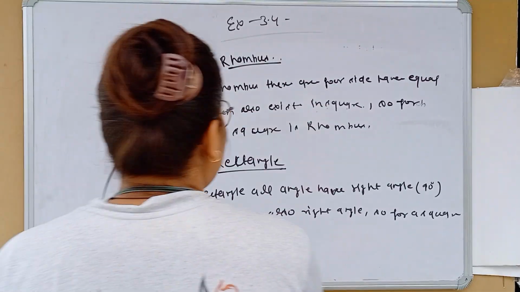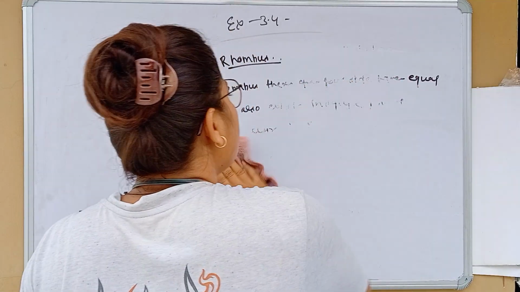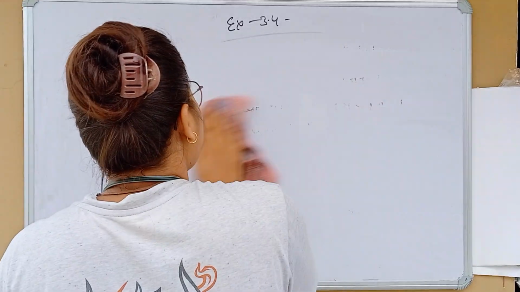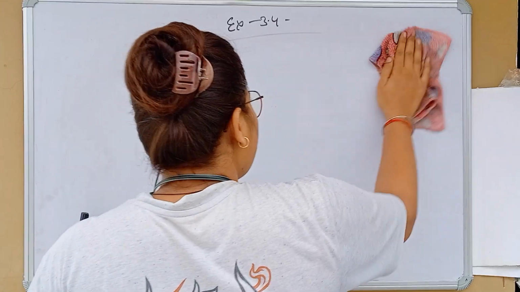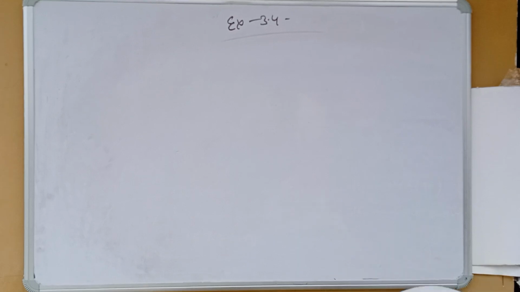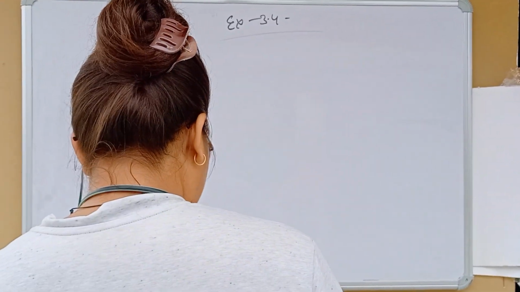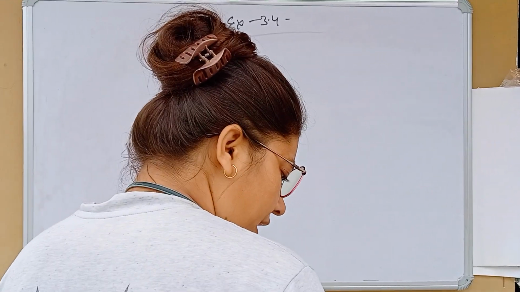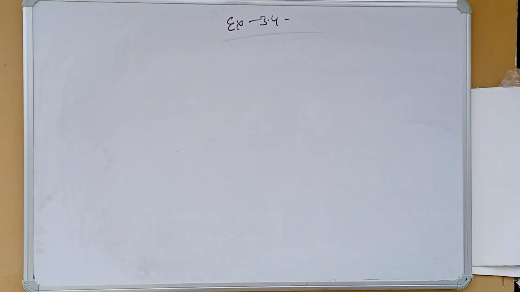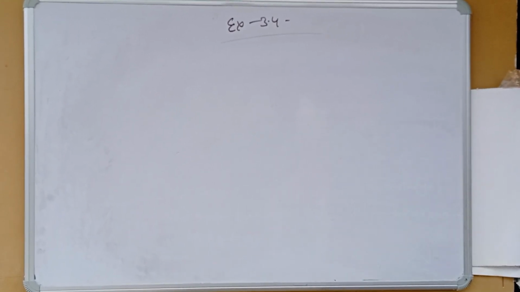Okay, so now we understand the next question. The next question says: name a quadrilateral whose diagonals bisect each other.